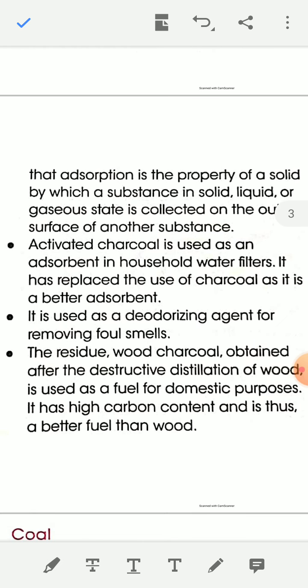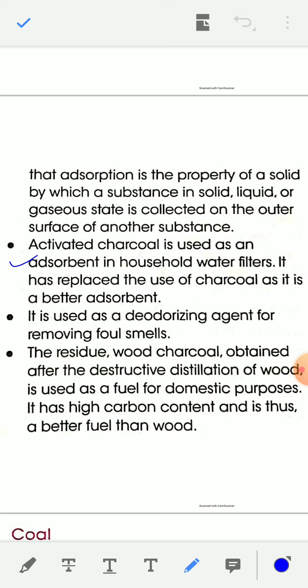Second use, activated charcoal is used as an adsorbent in household water filters, and it is a better adsorbent than charcoal. It is used as a deodorizing agent for removing foul smells.